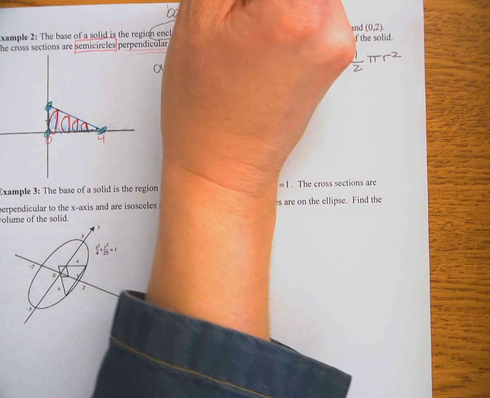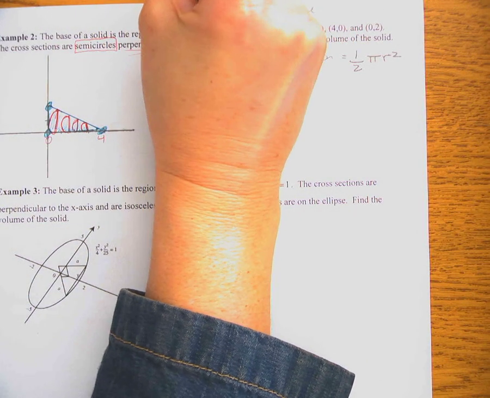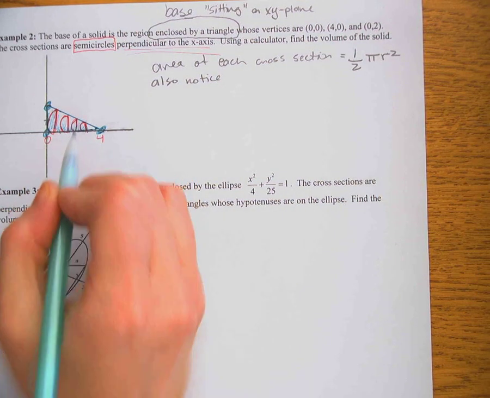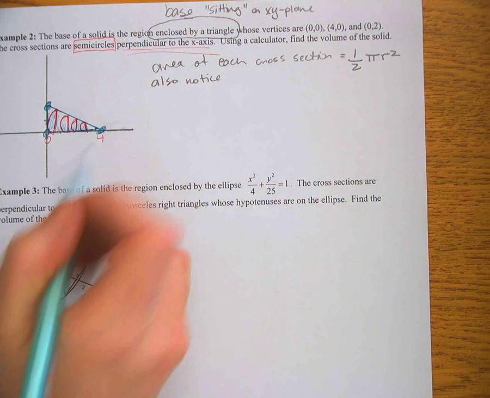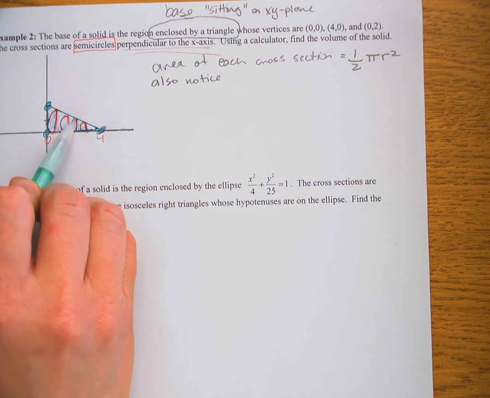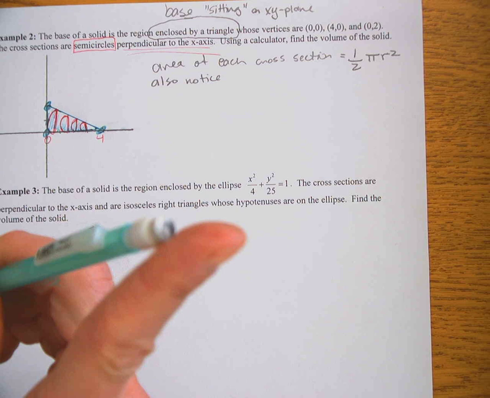Also notice that the diameter of each semicircle is limited by this line. The diameter can only go as high as this line is right here.